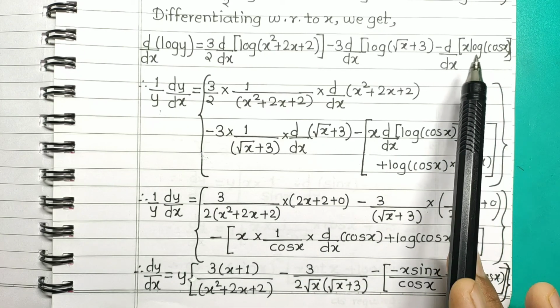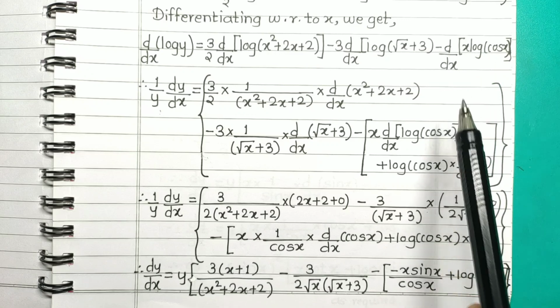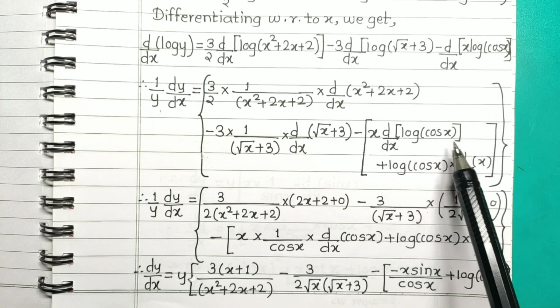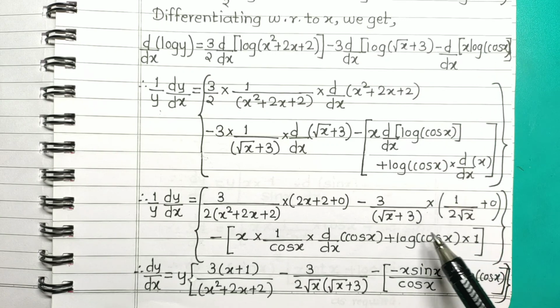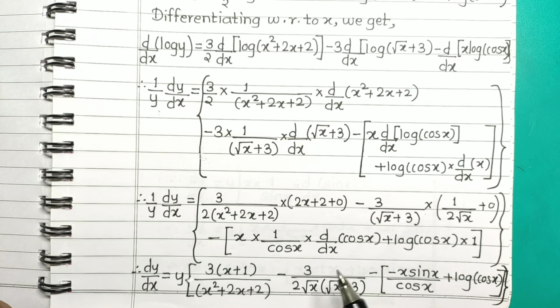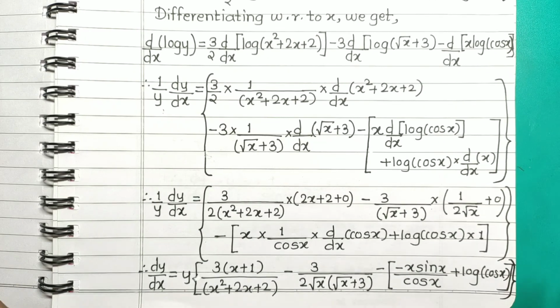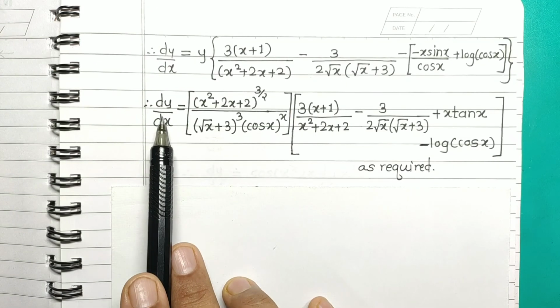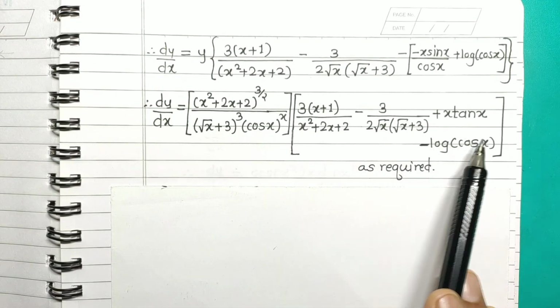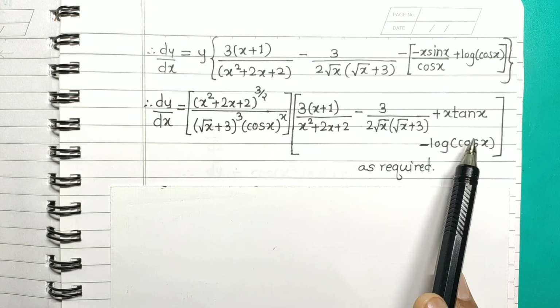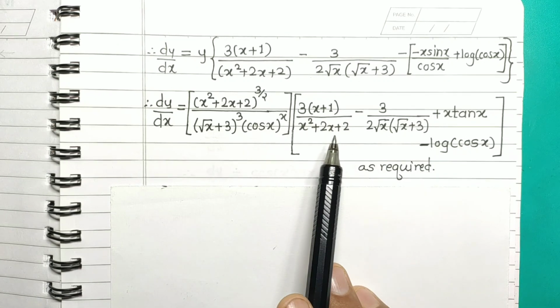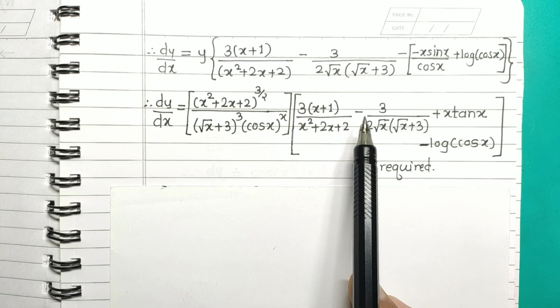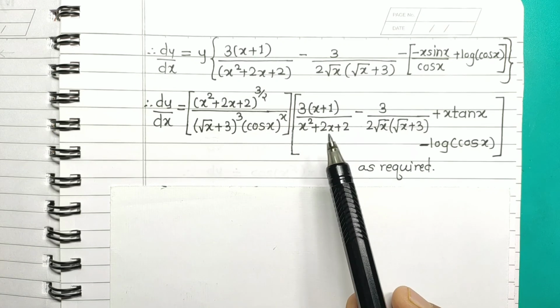See here, for this derivative we have used the product rule for differentiation. So get these terms on your own and check the steps. Okay, and finally you will get this derivative dy by dx is equal to, see, this is the required derivative. So try to solve all these steps on your own and check this derivative.